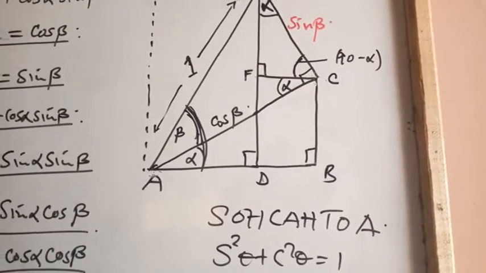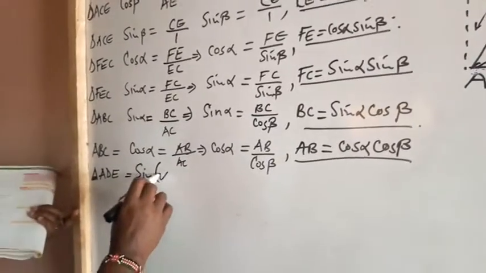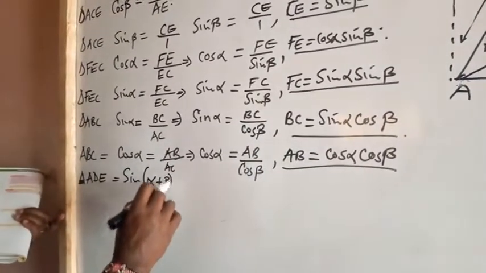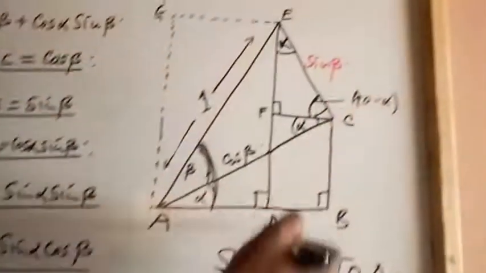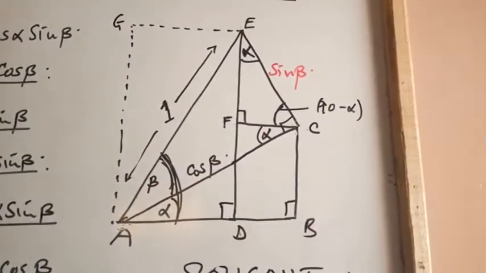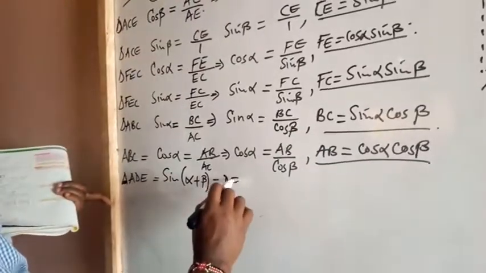The sine of alpha plus beta is given by the opposite, which is DE, over the hypotenuse AE.